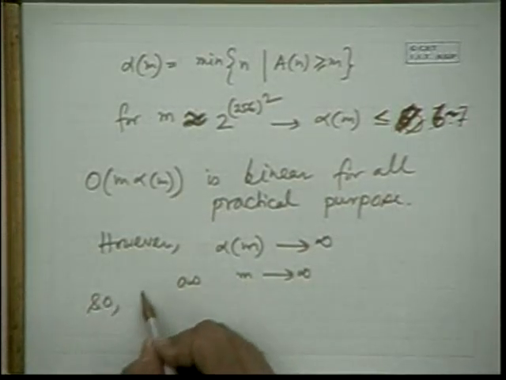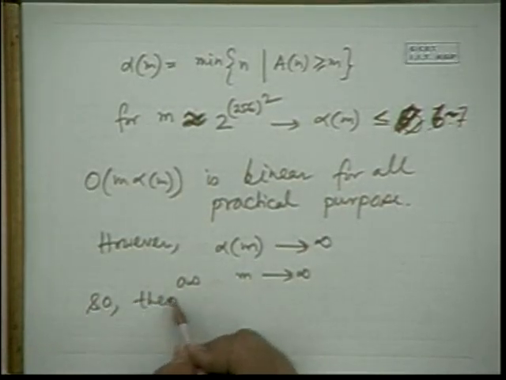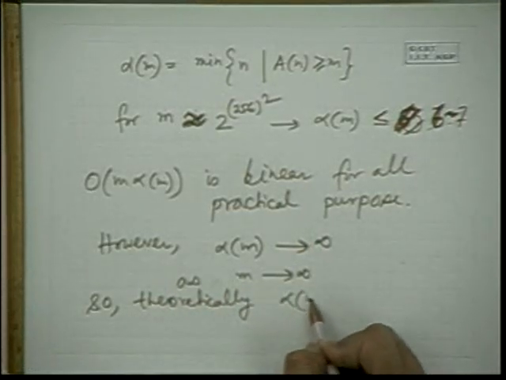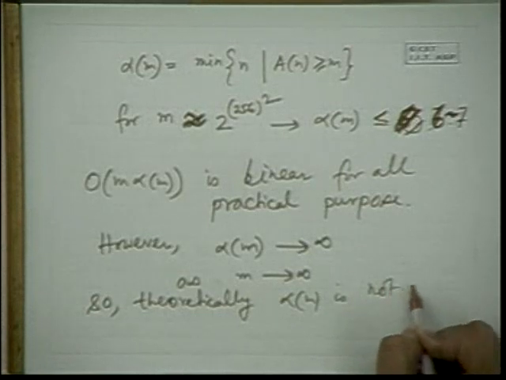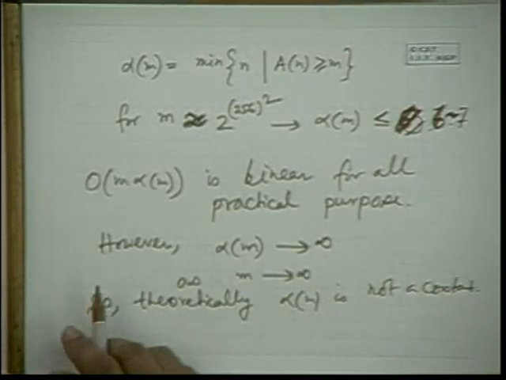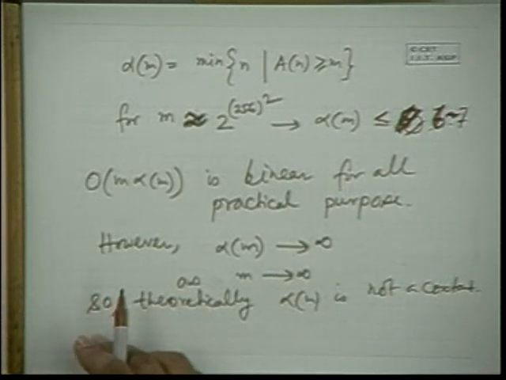So theoretically alpha m is not a constant. So you can show basically with a refined analysis that the height of the tree is almost constant.